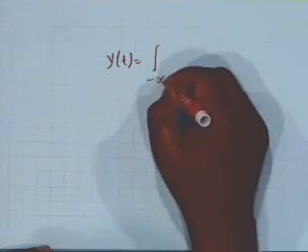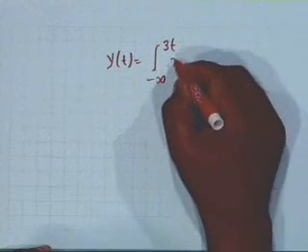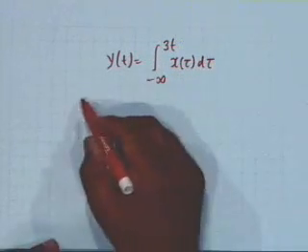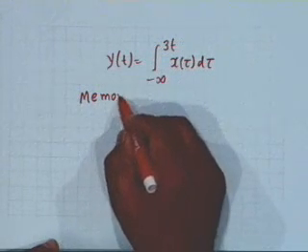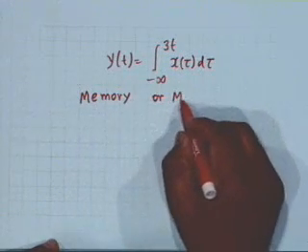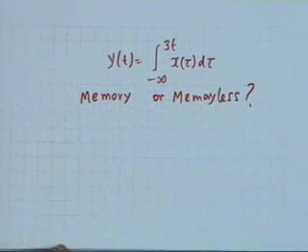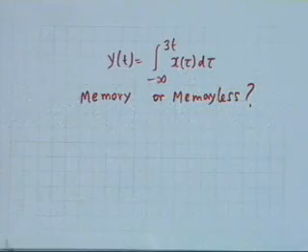The next question that I ask is, for the integral from minus infinity to 3t of x of tau d tau, is this a memory system or memoryless? Does it have memory? Yes, it does, because the present output y of t depends on all past inputs from minus infinity up to 3 times t.